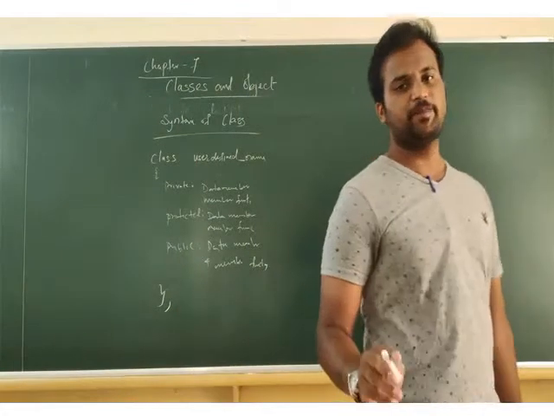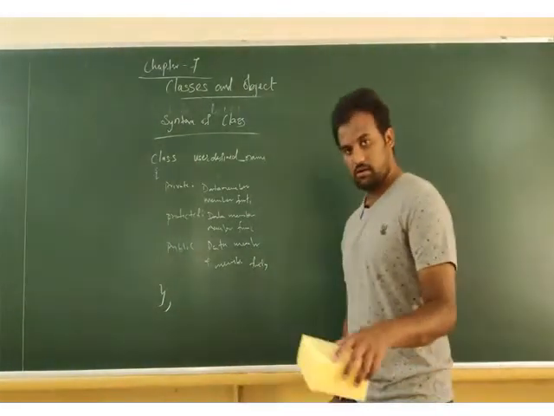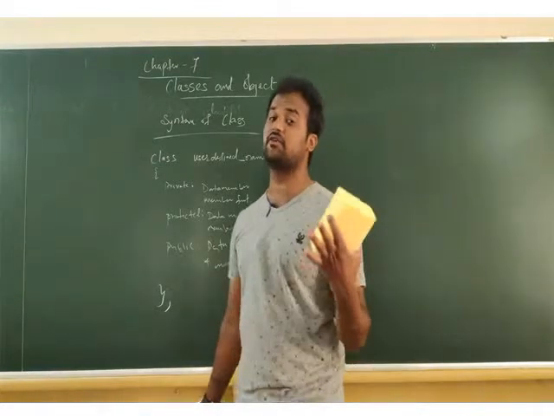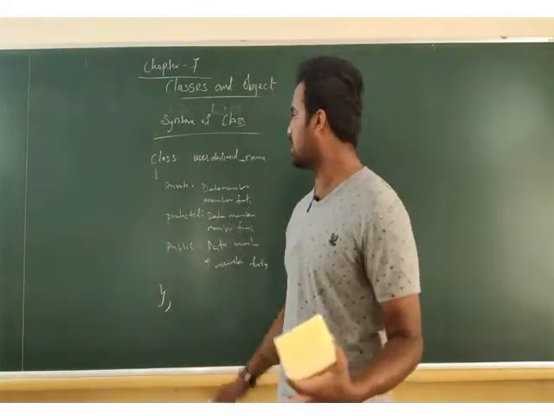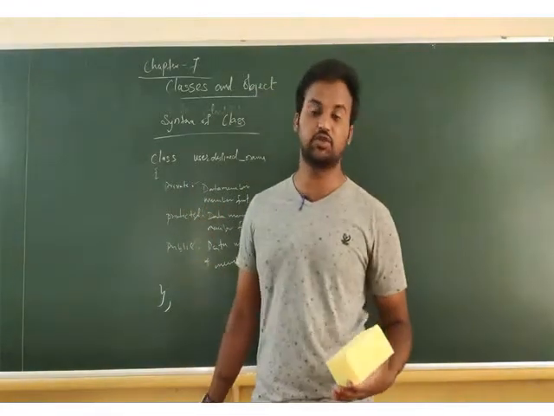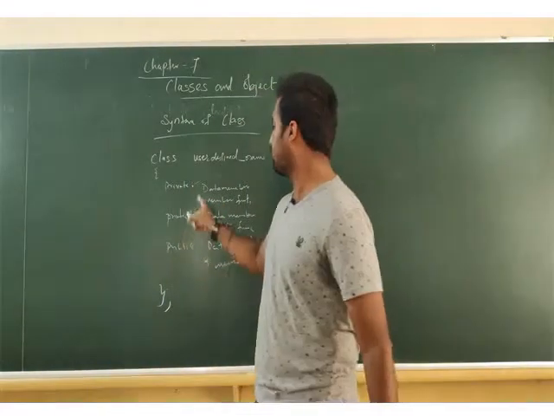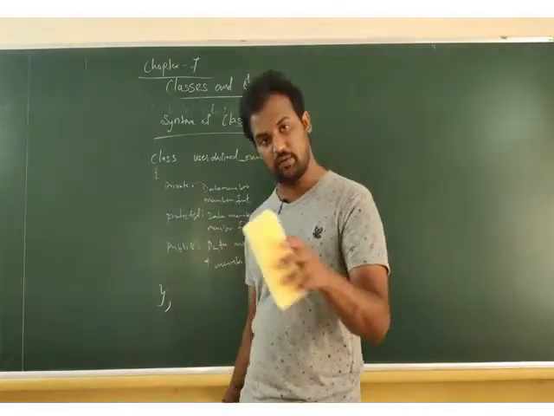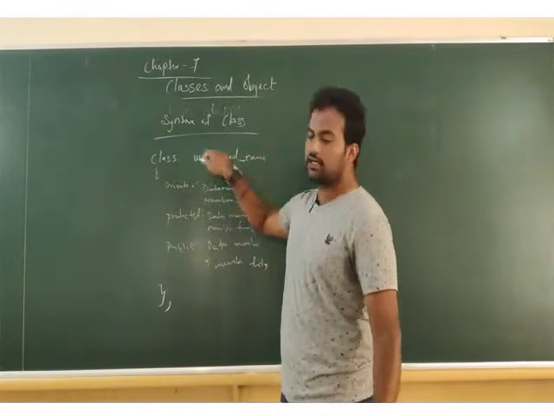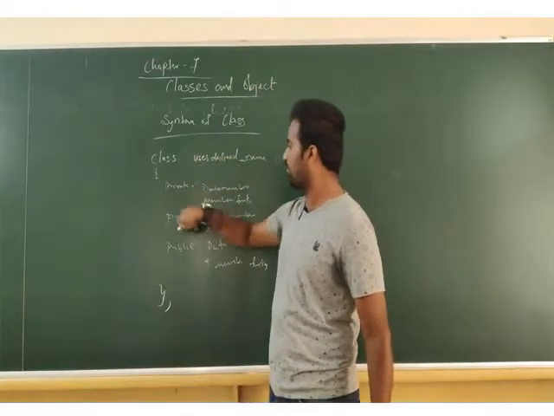Listen here. In the 6th chapter, I was telling that there are three things for security: private, protected, and public. We will learn them next. But right now, just remember that in a class we have three things: private, protected, public.